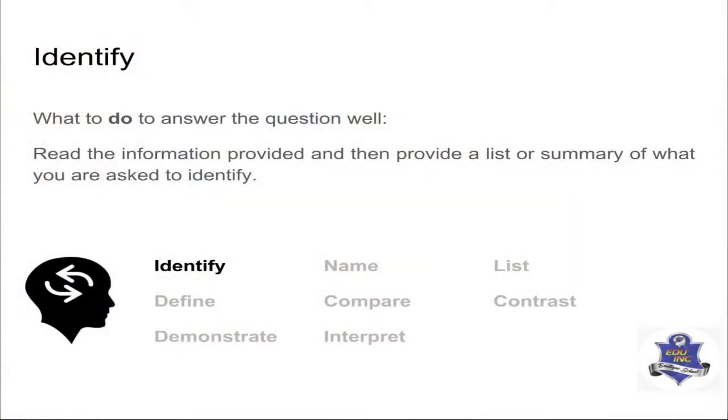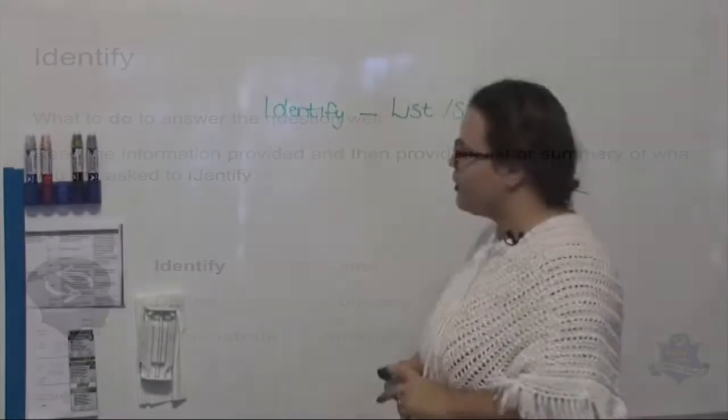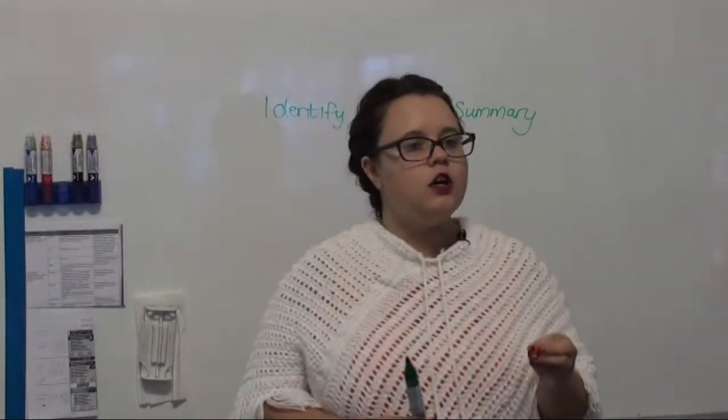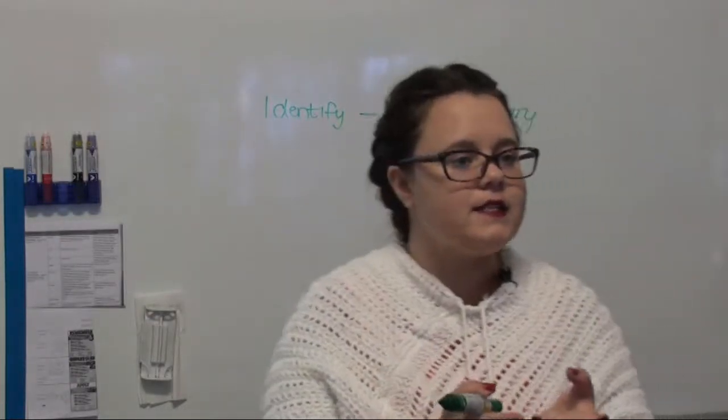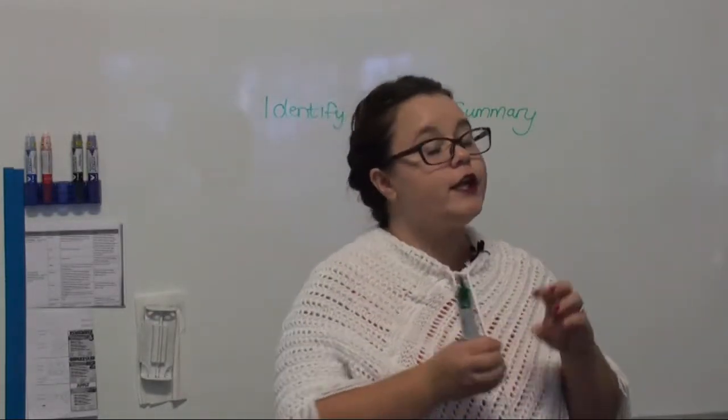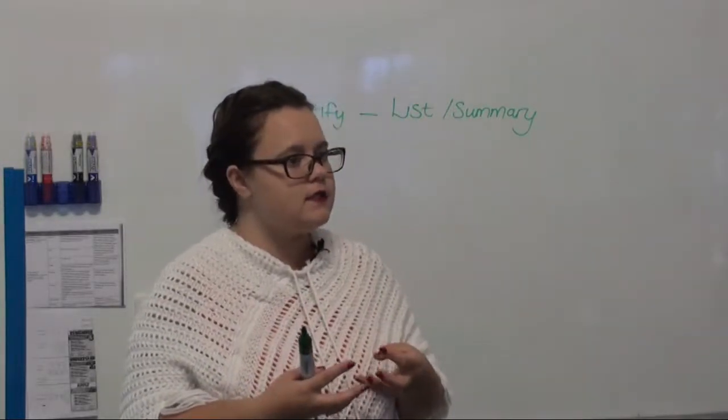When they're asking you to identify something, they're essentially asking you to read the information that they are giving you and then provide a list or a summary of that information. So you're asked to identify what could be key aspects, or identify clues from the context.